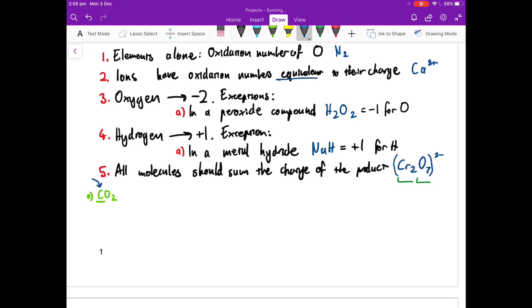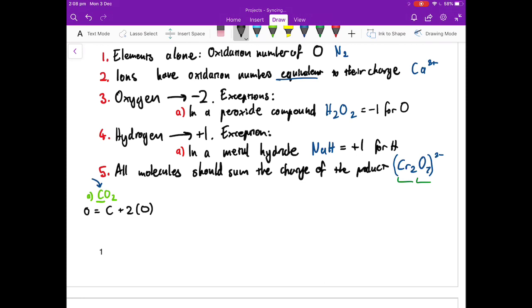So let's work out a couple of things. What is going to be the overall charge of CO2? As you can see, it doesn't have any +2s or -2s or anything like that here. So according to rule number 5, the entire molecule is going to have a charge of 0. And 0 equals the oxidation number of C plus 2 times the oxidation number of O. And as we know, what is the oxidation number of oxygen?